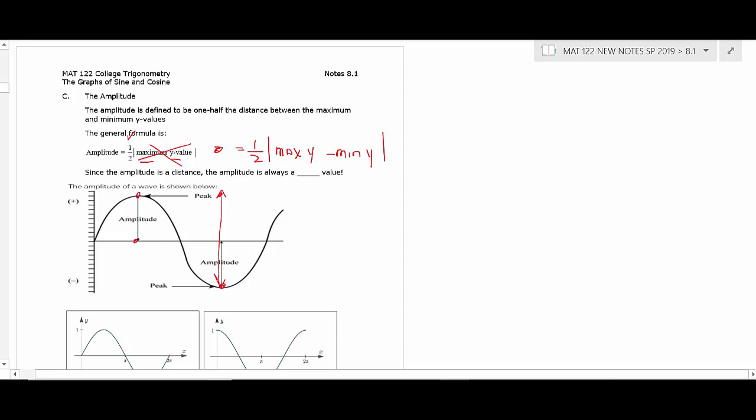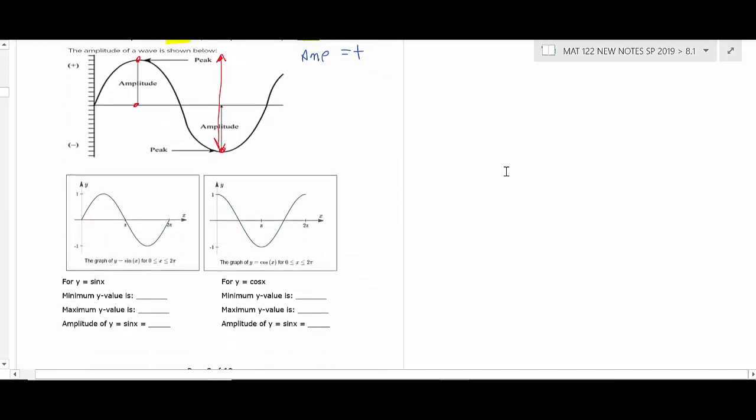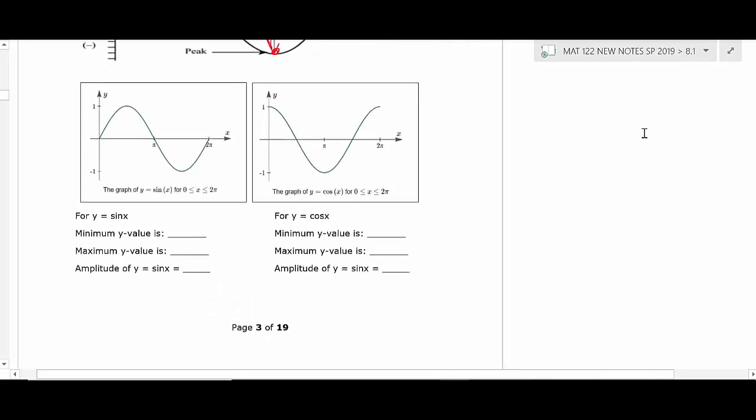Okay, so it's always half the distance between the max y and min y. The amplitude is a distance, so a distance is always a positive number, so an amplitude is always a positive expression.